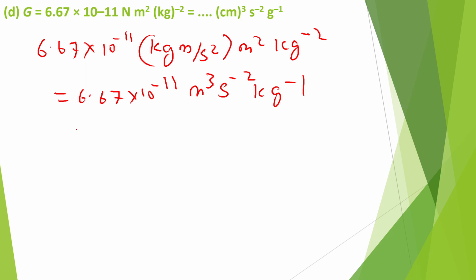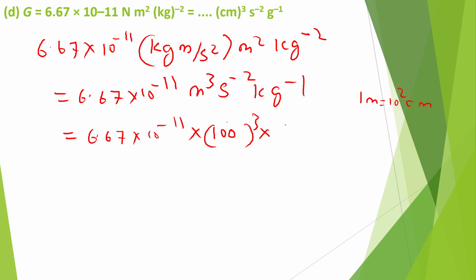Once you transform completely into centimeter and gram, you are getting 6.67 into 10 to the power minus 11 into, you know that 1 meter is equal to 10 to the power 2 centimeter, so meter cube you can write as 10 square or 100 centimeter all cube, into second raised to minus 2, into 1 kilogram is nothing but 1000 gram raised to minus 1.